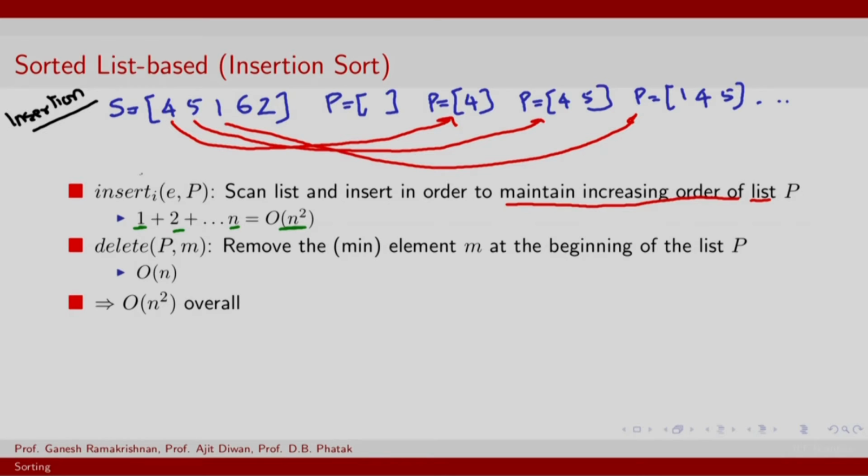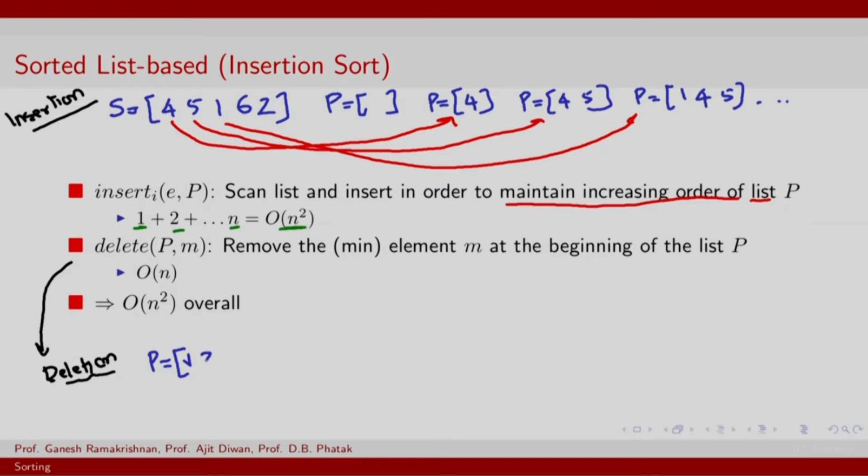As far as deletion is concerned, all you need to do is pick elements from P starting with the first element, pick the minimum element and insert them into S. Now what will this mean? Well, this will mean just a linear scan because P is already sorted.